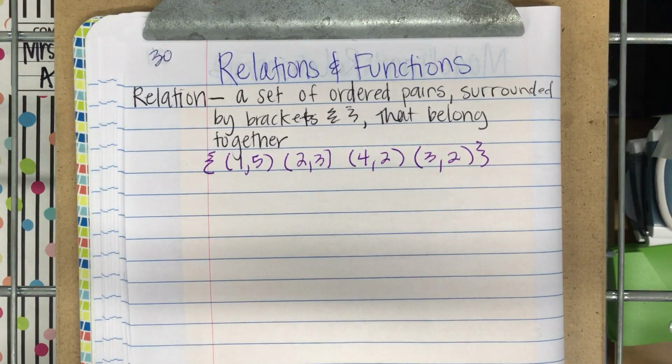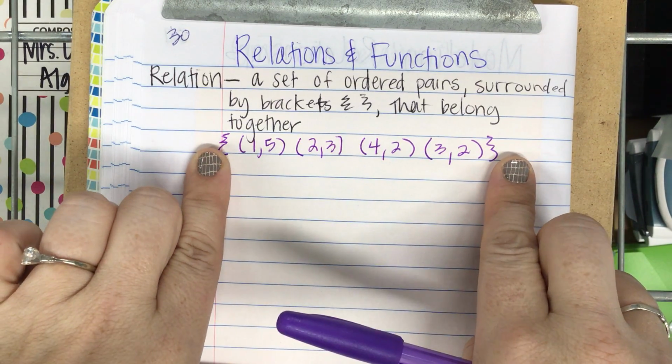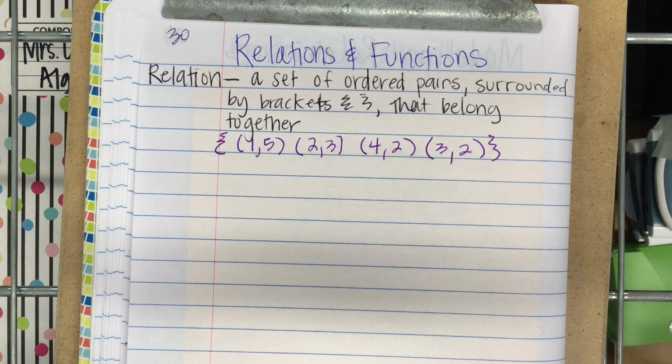So there's my relation. Those 4 ordered pairs belong together. They have some type of relationship. It's a relation. Squigglies, brackets tell me that these all belong together. Good to go so far?